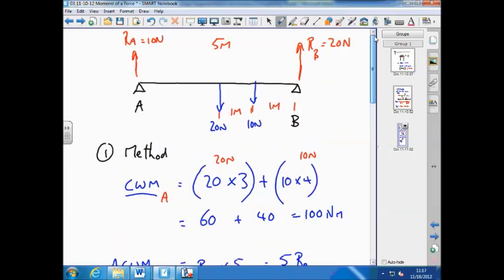So I'm going to start off by saying anti-clockwise moments, which is RB, sorry, times, so it's 20 newtons times 5 meters gives me my moments.